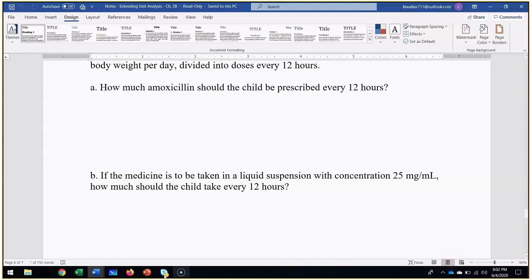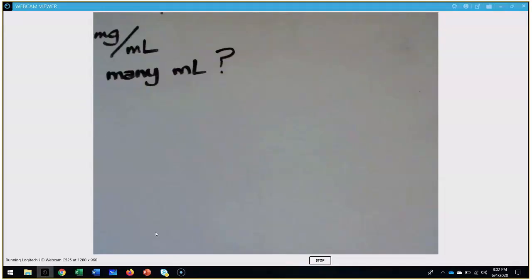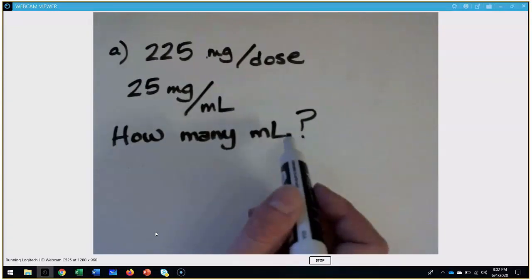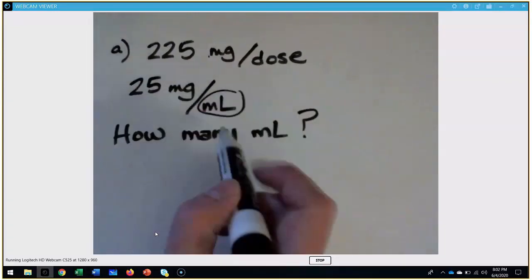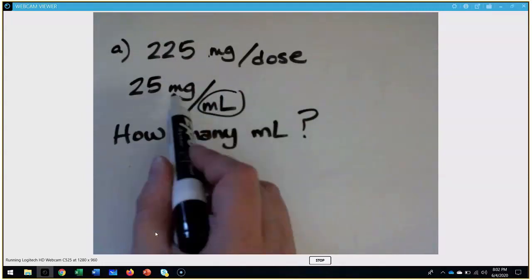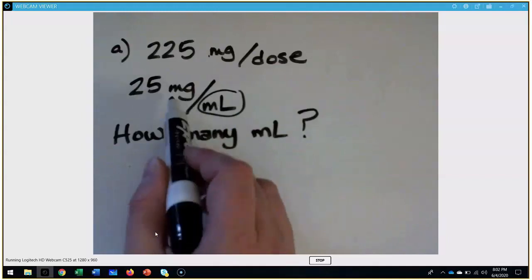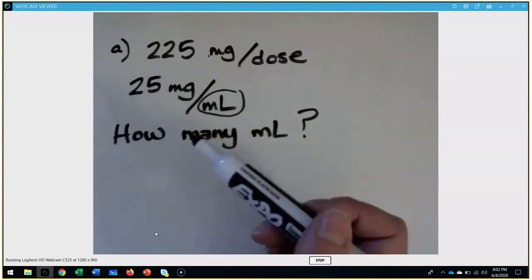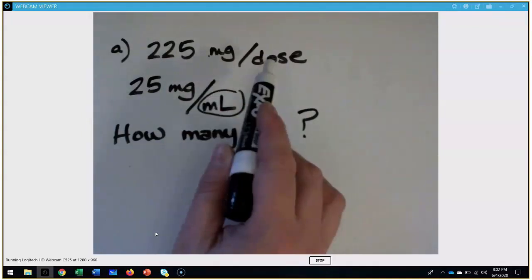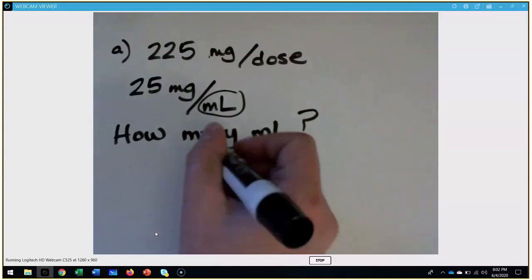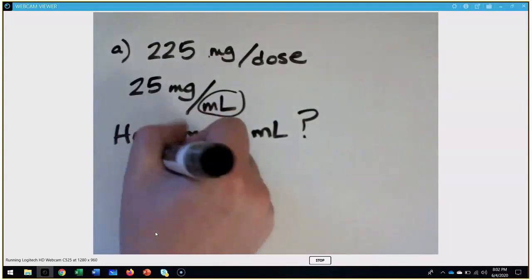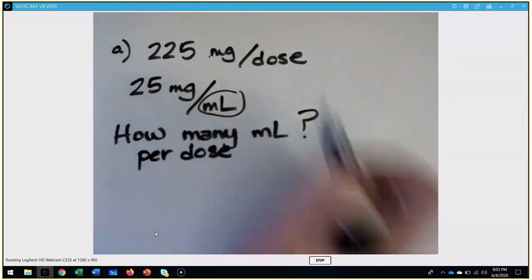All right, so let's go back here. If I want milliliters, that's what the question wants. Here's the information in milliliters. I need that isolated. I need that by itself. That means I'm going to have to cancel out the milligrams. And I've got milligrams up here from part A, because I know that's how many per dose. Actually, I should add that on. How many milliliters? It said every 12 hours, so per dose.